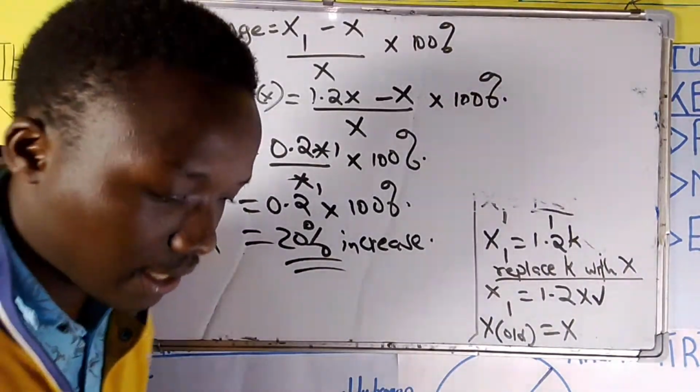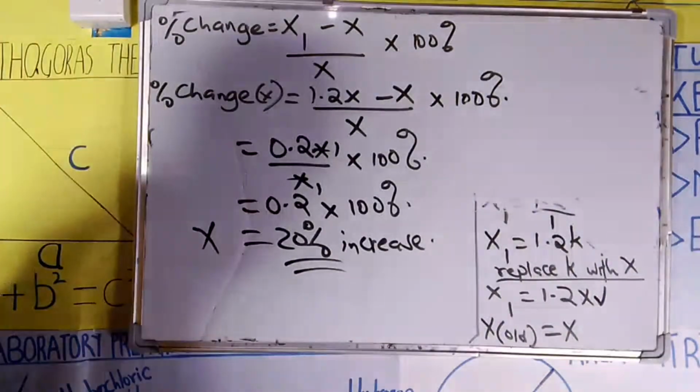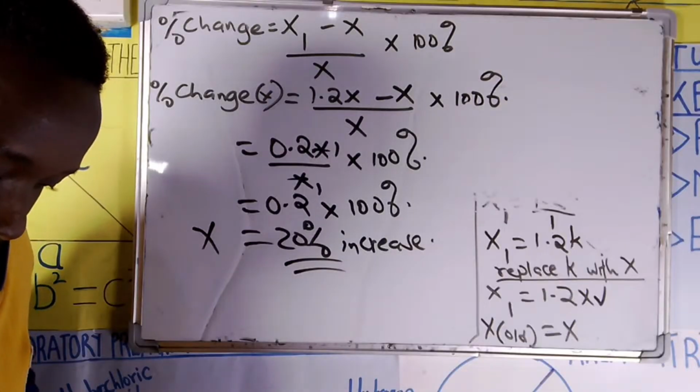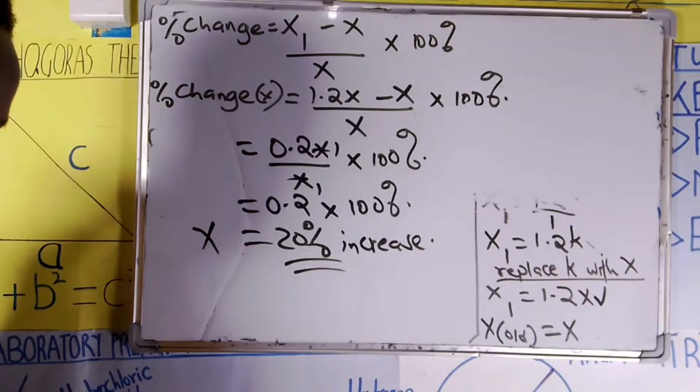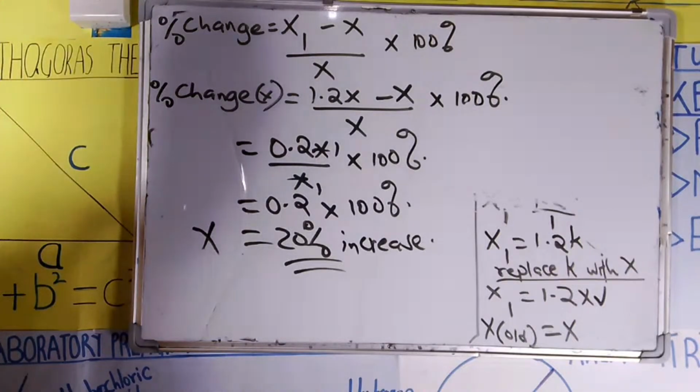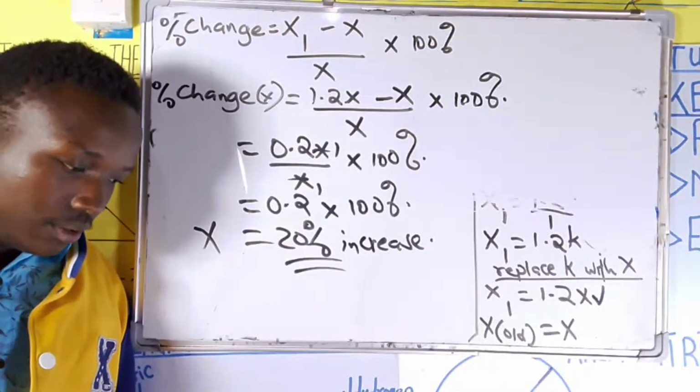Have we understood? Have we understood that variation? How many have understood? If you have understood, probably you can comment you have understood so that we can know what next.